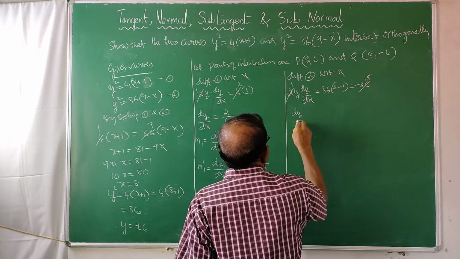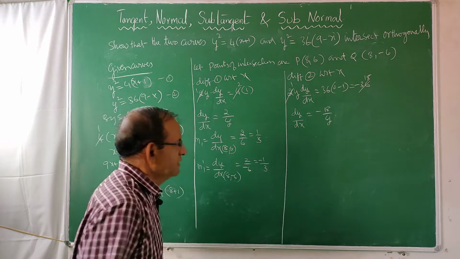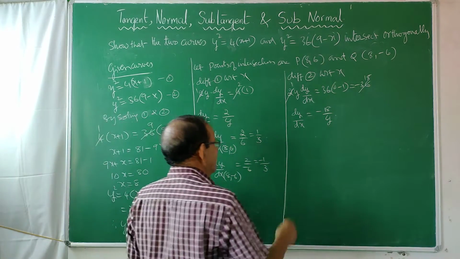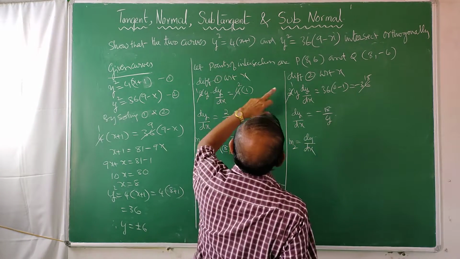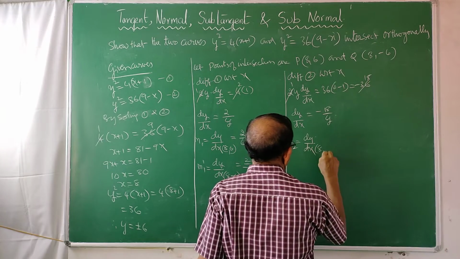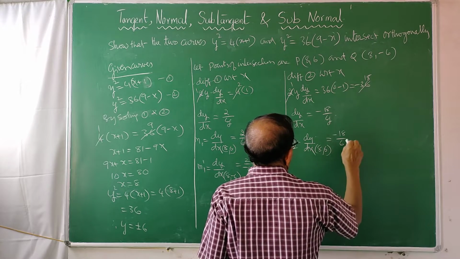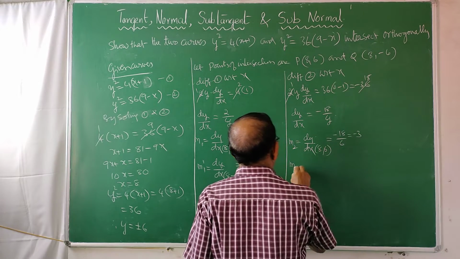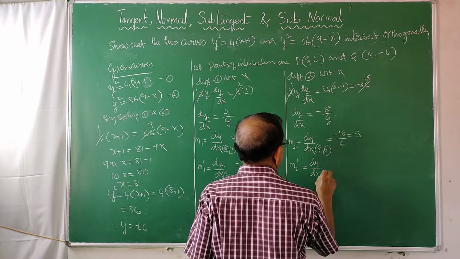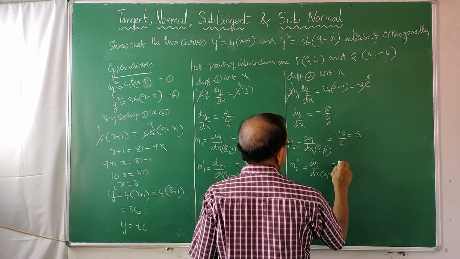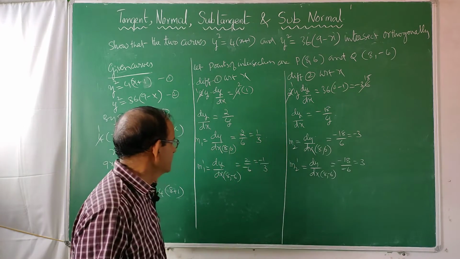So dy by dx is equal to minus 18 by y. Now let us find out m2 and m2 dash. m2 is equal to dy by dx at the first point, that is at 8, 6. So minus 18 by 6, that is minus 3. m2 dash is dy by dx at the second point 8 comma minus 6, that is minus 18 by minus 6, that is plus 3.